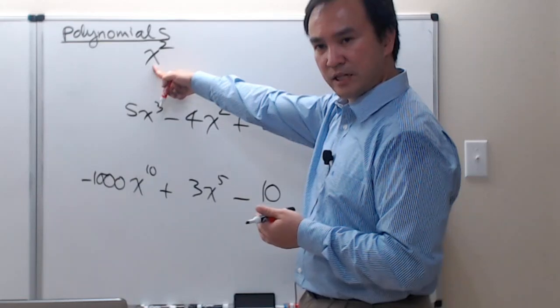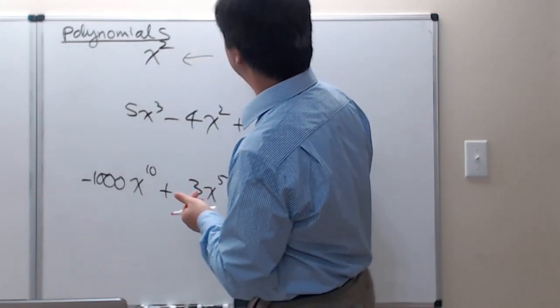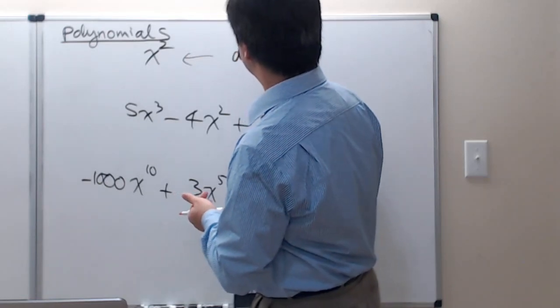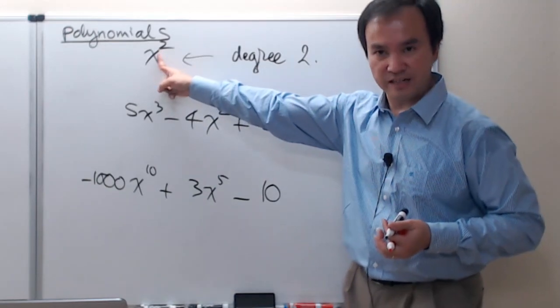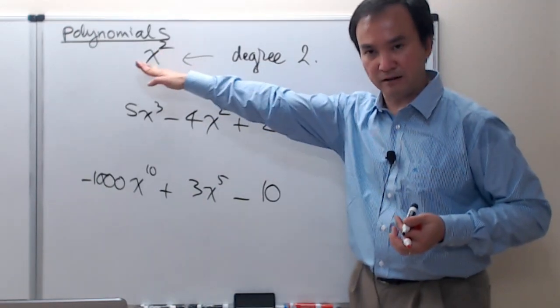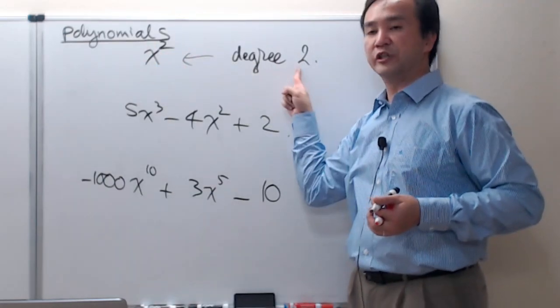Since x squared is the only term, this is a polynomial of degree 2, because the highest and only power involved is 2. So this one-term polynomial has degree 2.